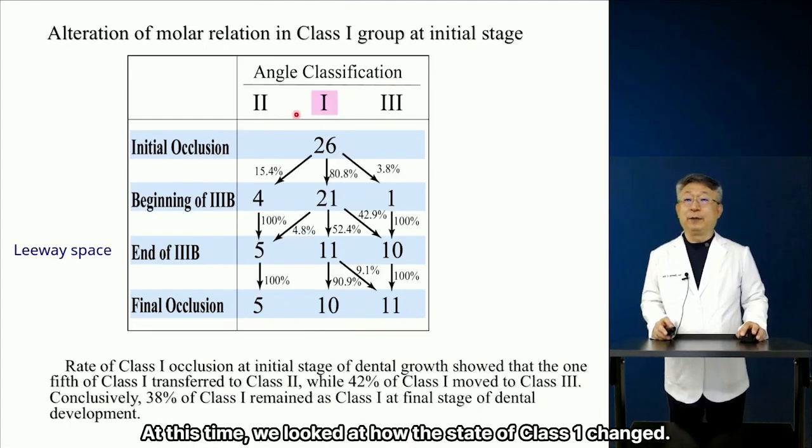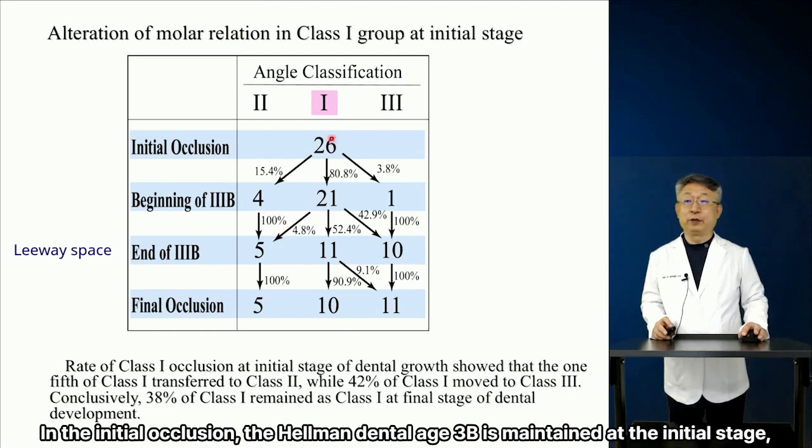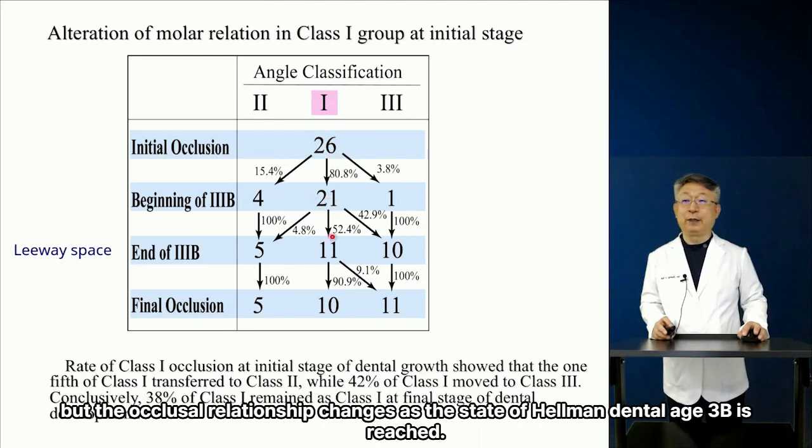At this time, we looked at how the state of class 1 changed. In the initial occlusion, the Hellman dental age 3 is maintained at the initial stage. But the occlusal relationship changes as the state of Hellman dental age 3 is reached.